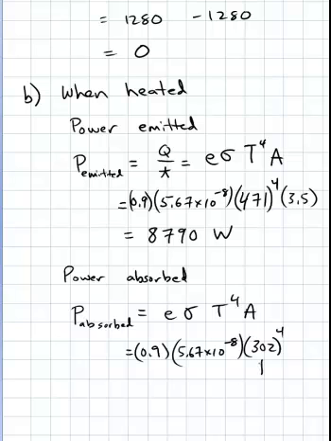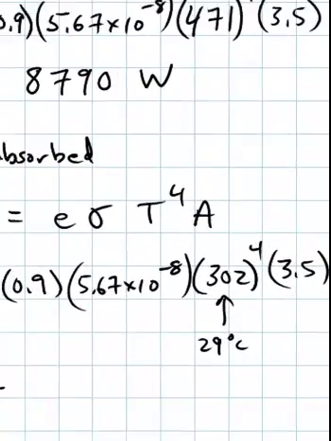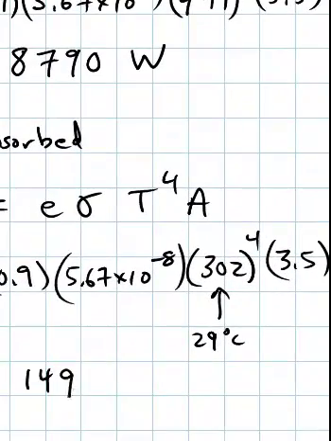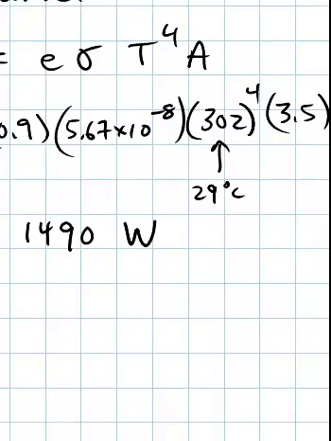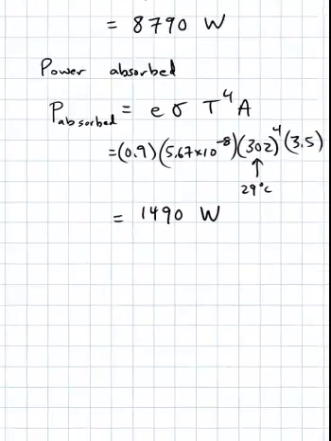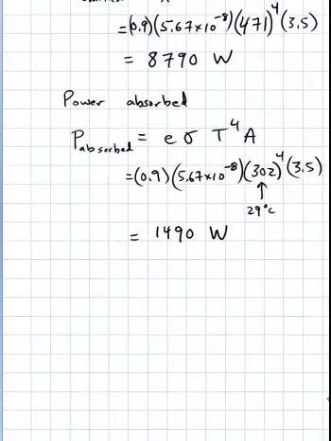That's from the 29 degrees C room. And 3.5 square meters. And so I got 1,490 watts. So the power absorbed by the stove when the room is 29 degrees C is the same as the power emitted by a 29 degrees C stove.